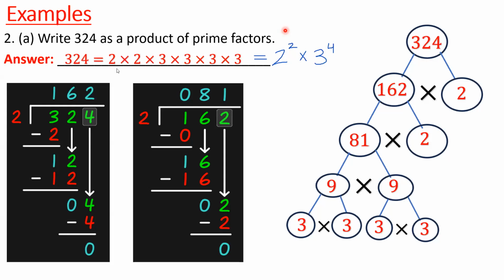And so what's our prime factorization? Prime factorization is 2 times 2 times 3 times 3 times 3 times 3, which equals 2 squared times 3 to the power of 4. Very good.